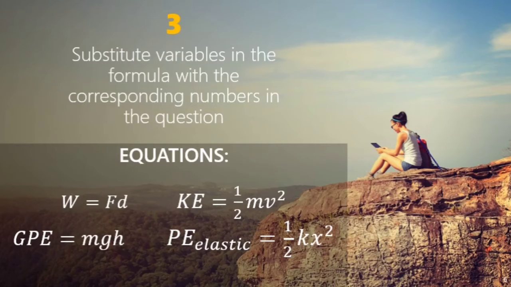So what you'd end up with is mgh equals 1/2 mv squared. See? That's just looking at the situation, knowing what's happening, when it's happening, and where it's happening. And you get to pick your equations, and then you just fill in the variables with the numbers in the question.